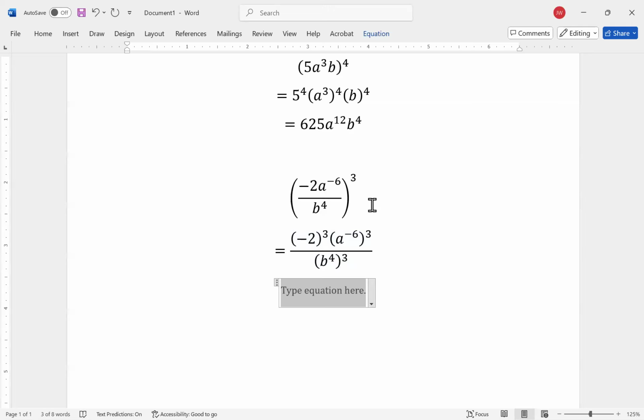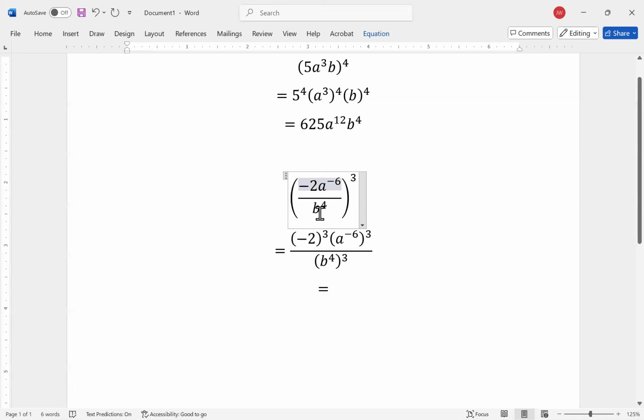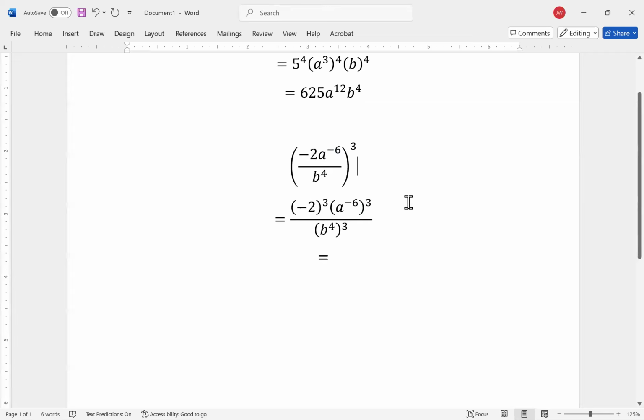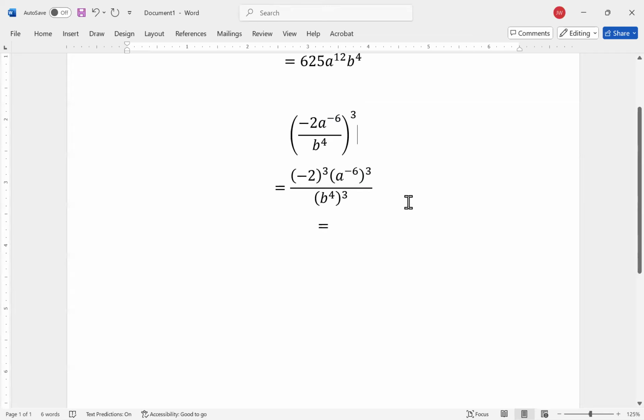So this would be applying that power rule. Every number gets raised to the third power. That's because everything is either multiplied or divided. If we have a plus sign in there somewhere, we'd have to deal with this in a much different way.